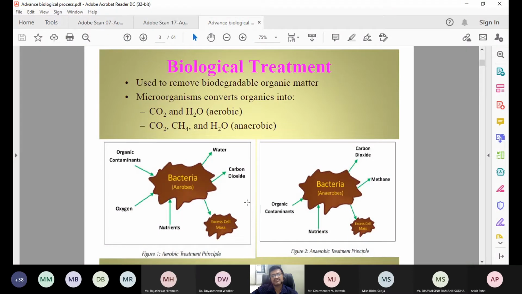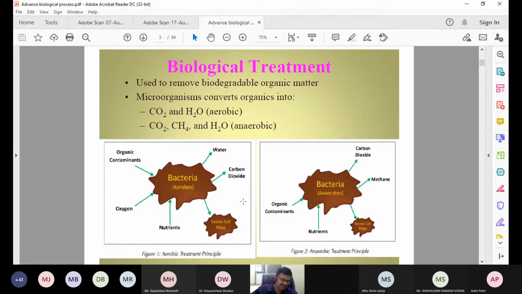So that is due to us human beings. We discharge all this wastewater generated from sewage and industries into the river or ocean. So it is our responsibility to treat it.